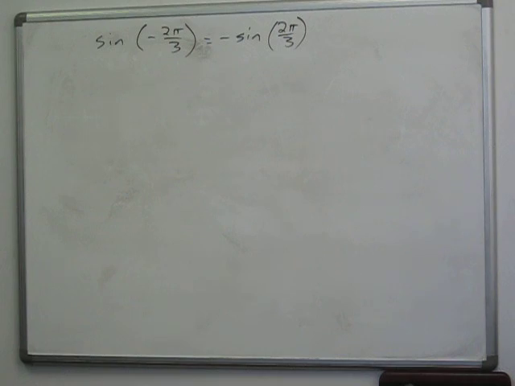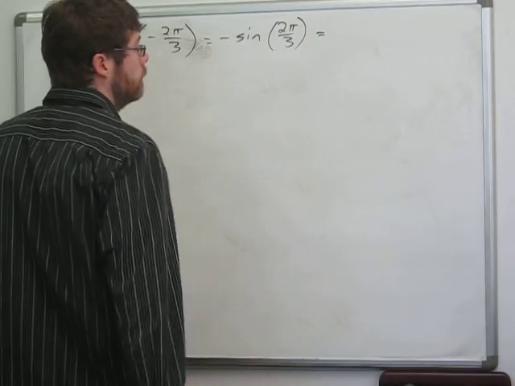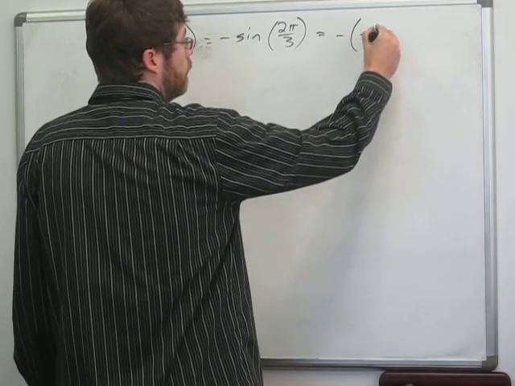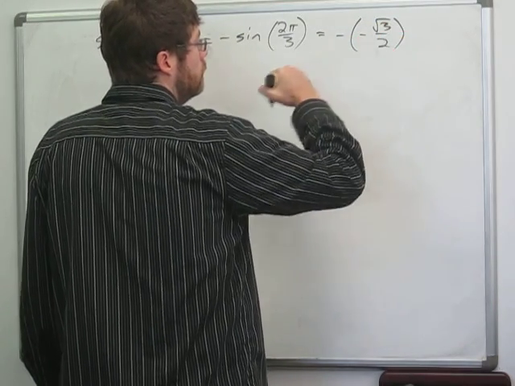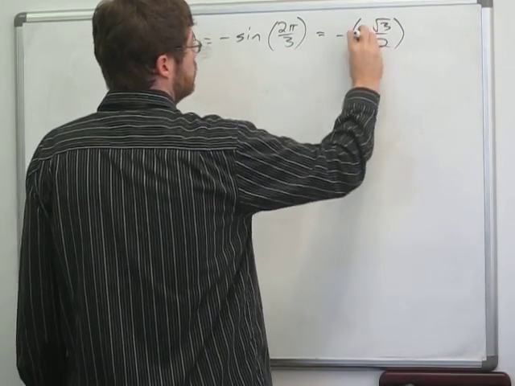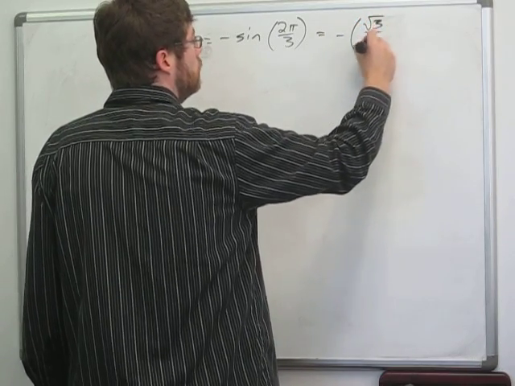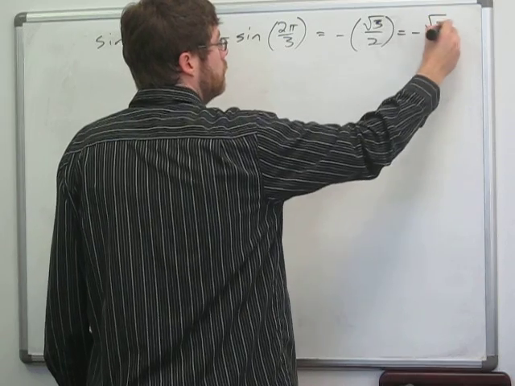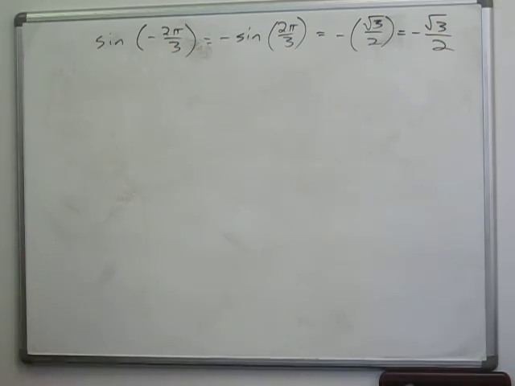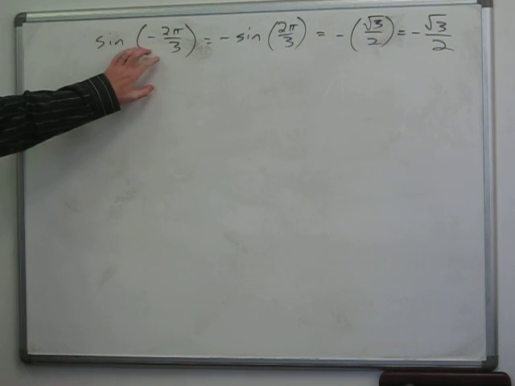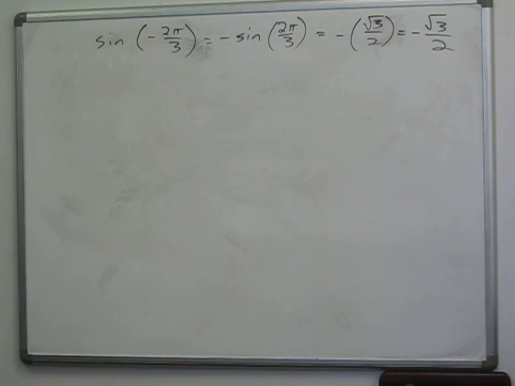So negative sine of 2 pi over 3. Sine of 2 pi over 3 is negative root 3 over 2. I'm sorry. Positive root 3 over 2. And so for a final answer, we get negative root 3 over 2, which is something that we could have handled directly just by looking at the unit circle.